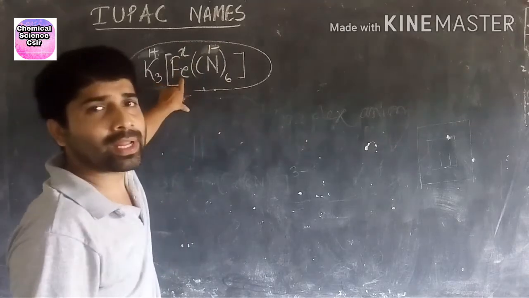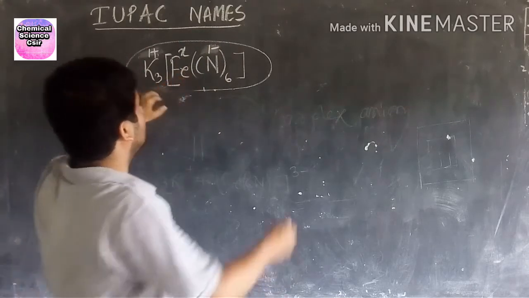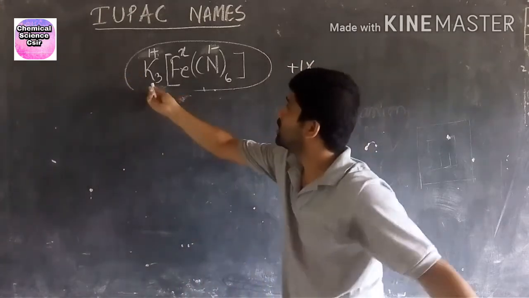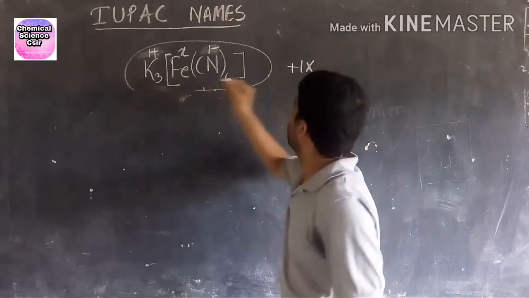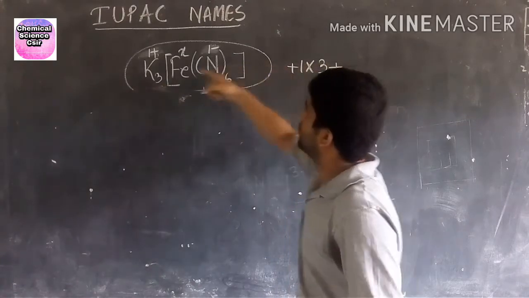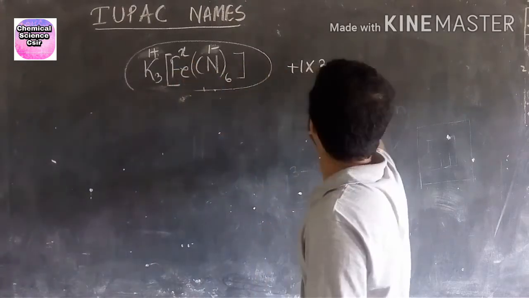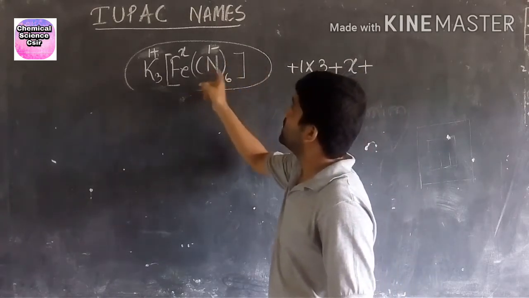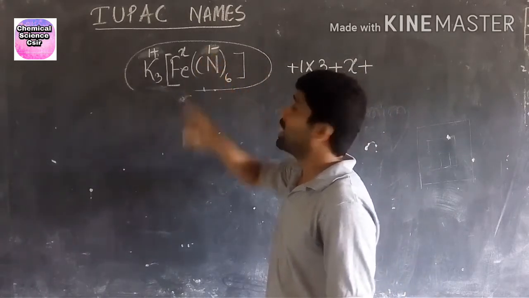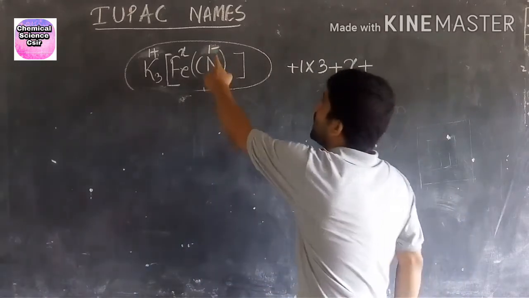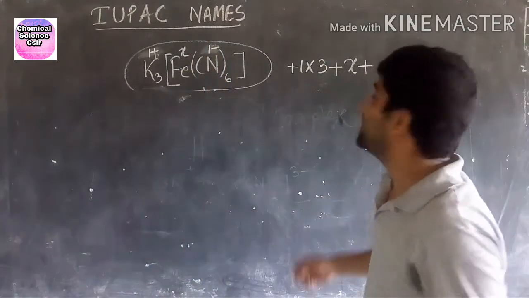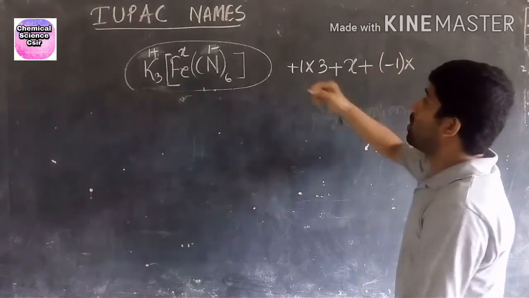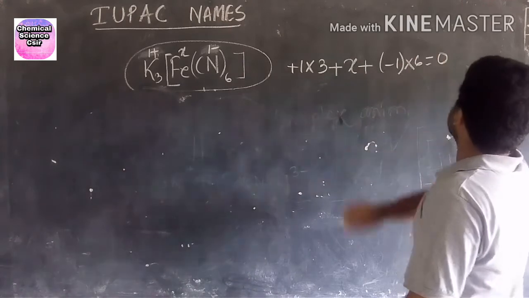So +1 into potassium 3 times, plus this one you don't know, that's why X, plus CN, cyanide. This is an anionic ligand, that's why the charge is negative: -1 into 6, and the algebraic sum is 0.